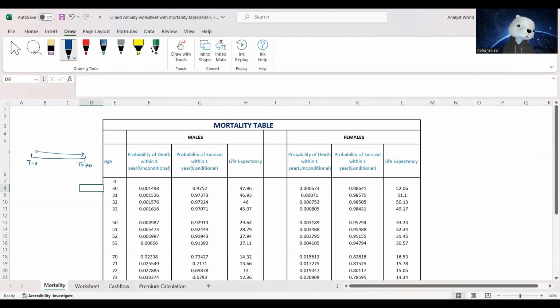Now, we need to understand one thing: death will only occur once, which is to say that our survival is complementary to that particular event. Death is the ultimate truth. We all will have to face it at one point in time or another. It's just a matter of time.